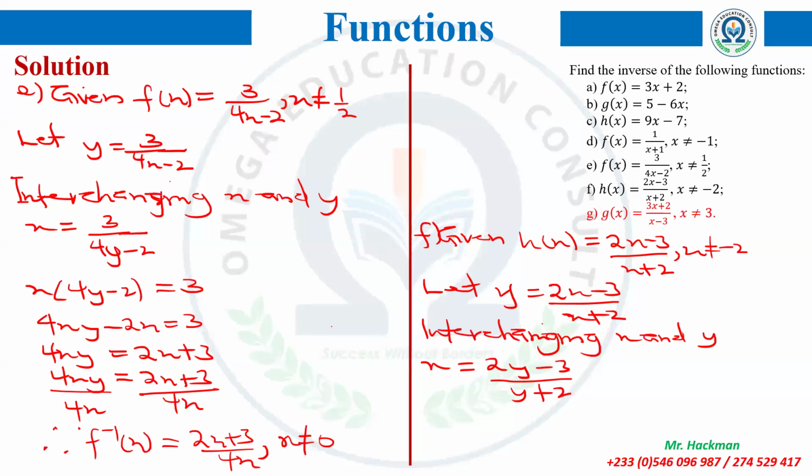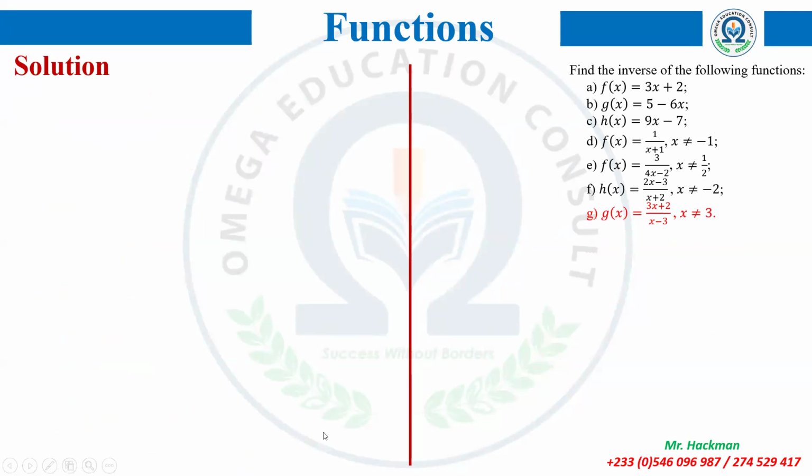So what will be our next step? We make y the subject, which will call for cross multiplication. So we are going to cross multiply.